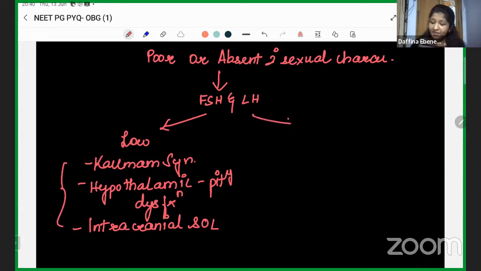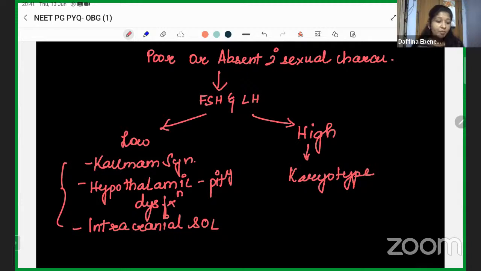On the other hand, if the FSH and LH are going to be high, then you have to look at the karyotyping of the patient. Looking at the karyotype, it can either be 45XO or 46XX. On the other hand, 46XY.